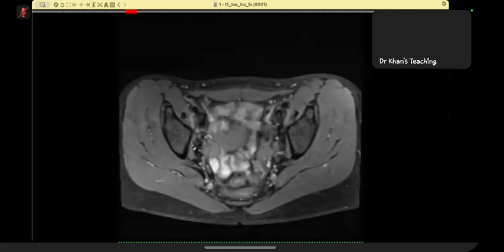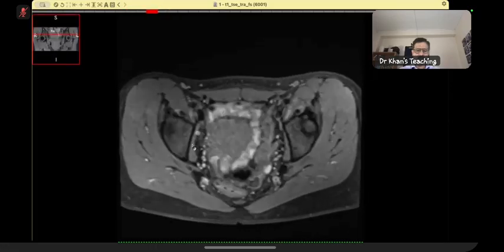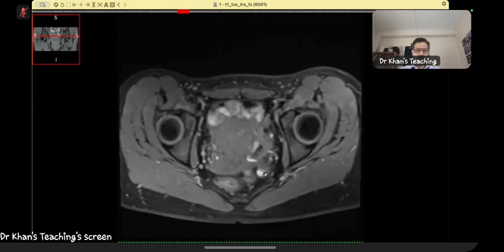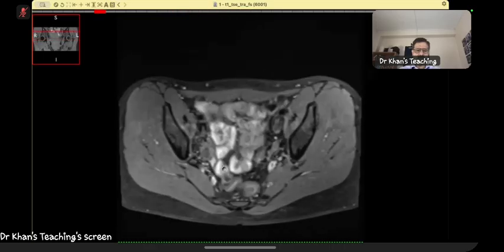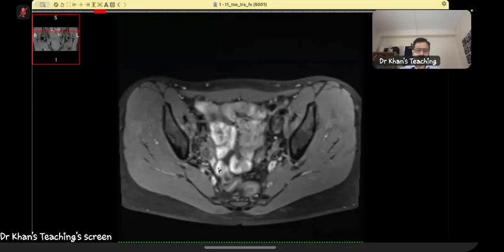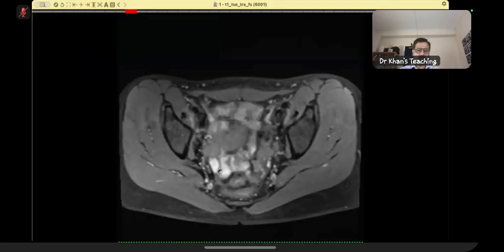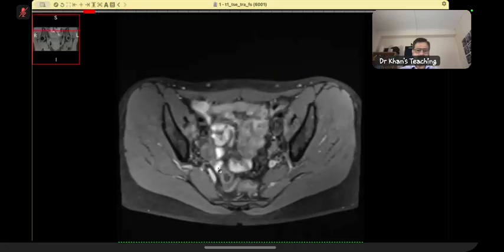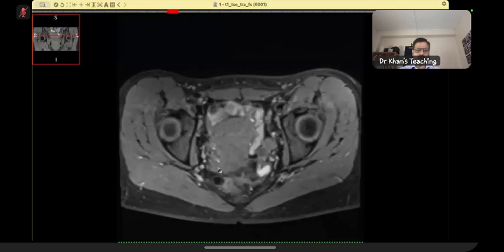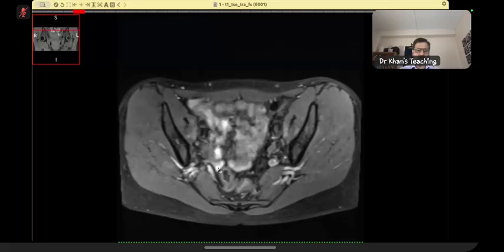What I mean is that you have diagnosed bilateral cystic lesions, hemorrhagic lesions in the adnexa. And now you are worried that these might be hematosalpinx, bilateral. So have you diagnosed the reason of the patient being infertile?